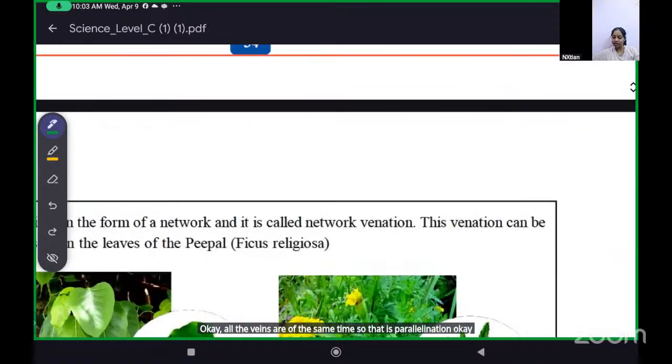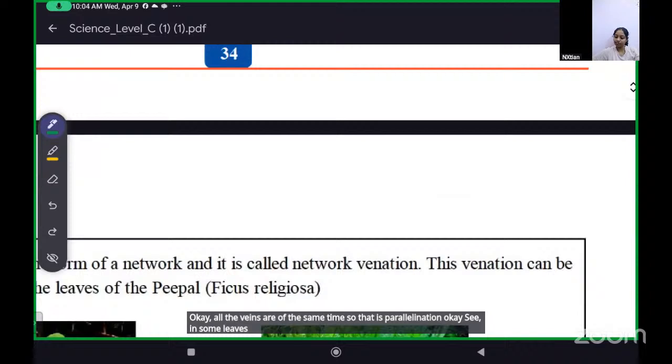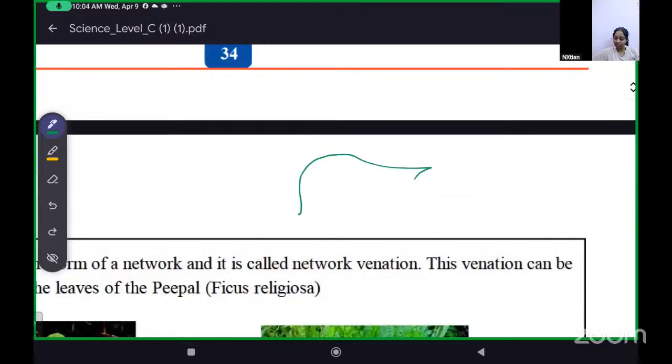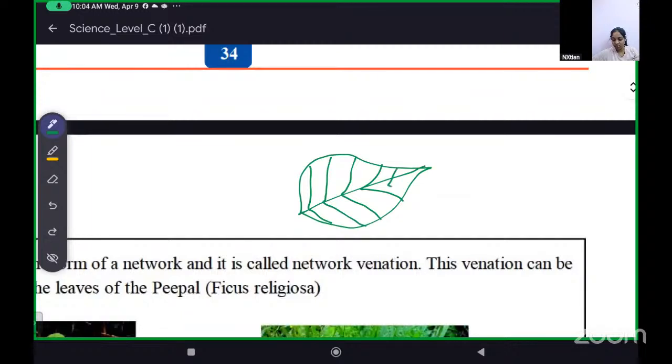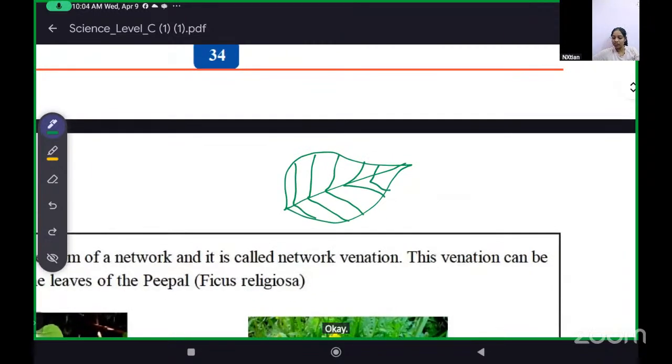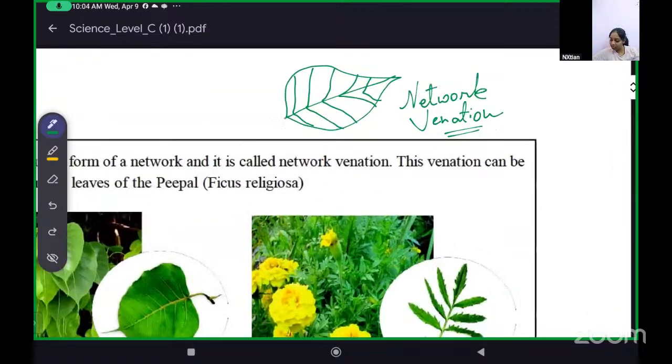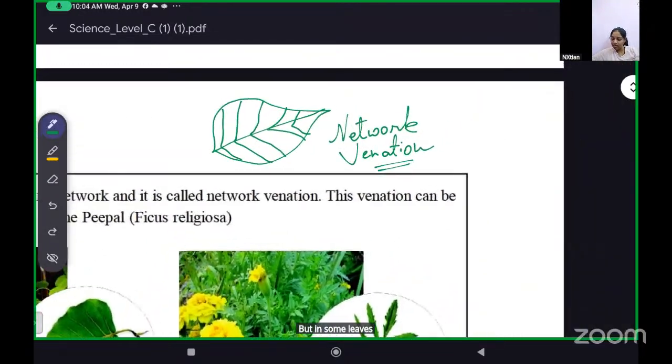See, in some leaves like peepal, there is a major vein in the middle, and then other veins are coming like this. So this is known as network venation. But in some leaves it is all parallel.